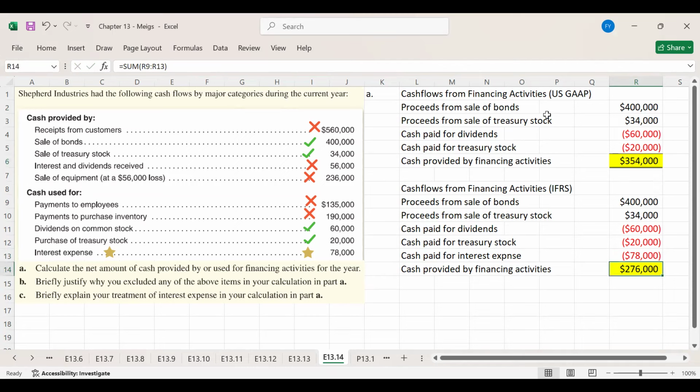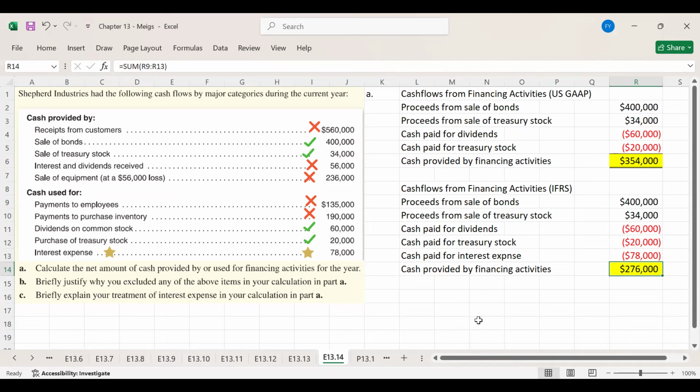In simple terms, if the company is in the US, this means that the company is following GAAP. And this is for other countries, or for those companies that are following IFRS. So this is just the way of classification of interest expense.